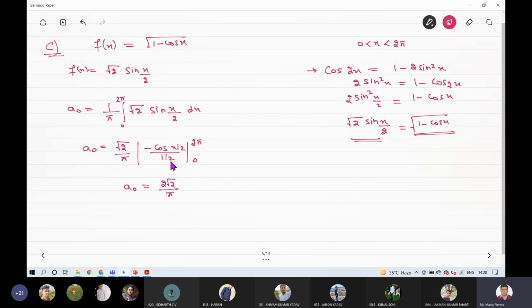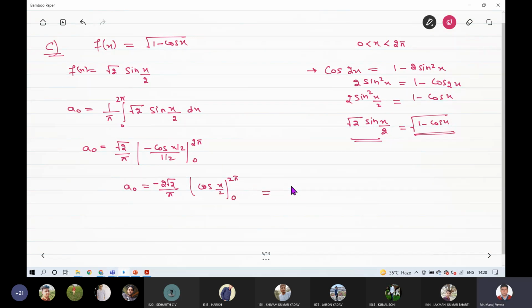This 2 is coming from the denominator half. I am also taking the negative sign outside, and this is cos x by 2 in limits 2 pi to 0.